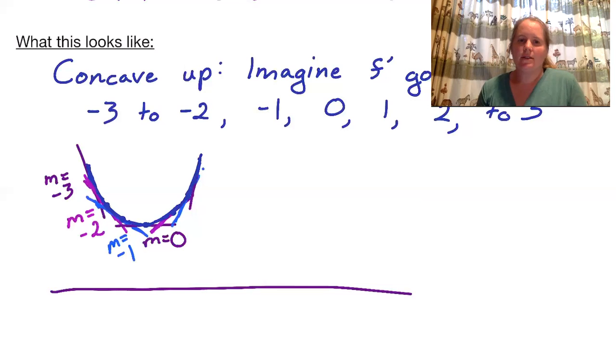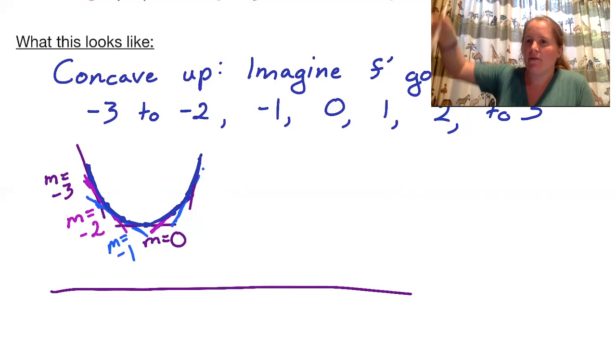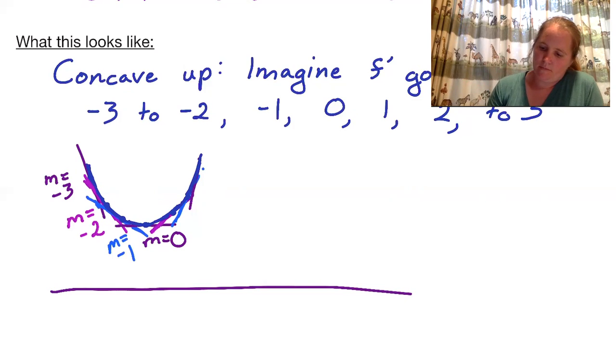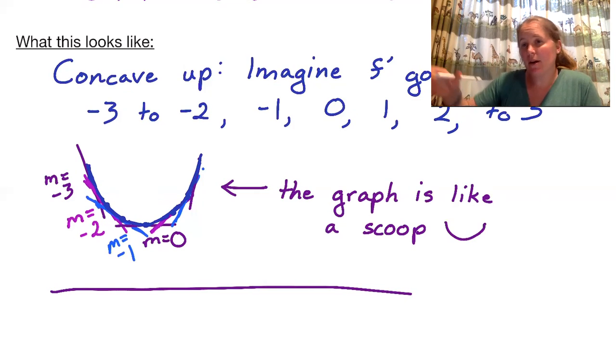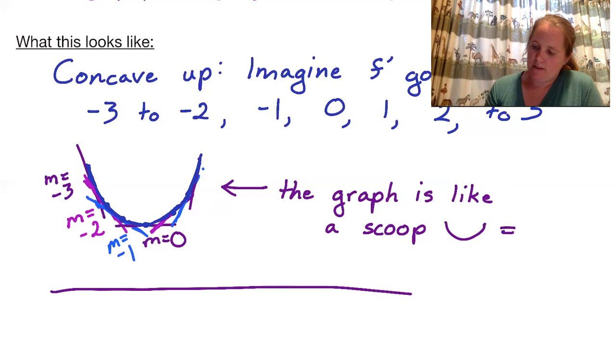You can think of this as looking like a scoop. Anywhere on that graph, it's like we're scooping. So the graph is like a scoop. We say it's concave up because it's like an upright cup or an upright scoop. And this is concave up.